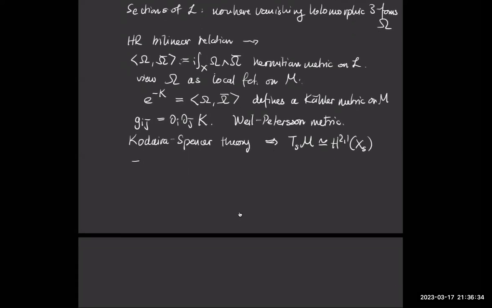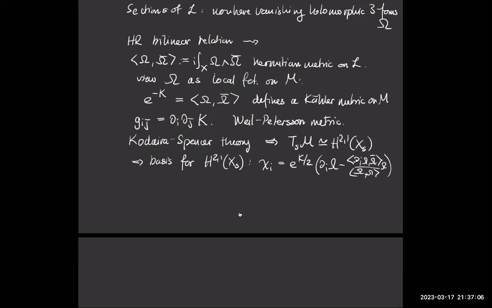And combining everything, we get a basis for H^{2,1}, which is usually denoted chi_i, which is given by e to the K over 2 times D_i omega, minus the projection, D_i omega bar over omega bar omega.